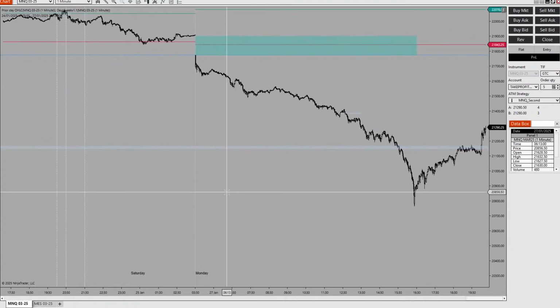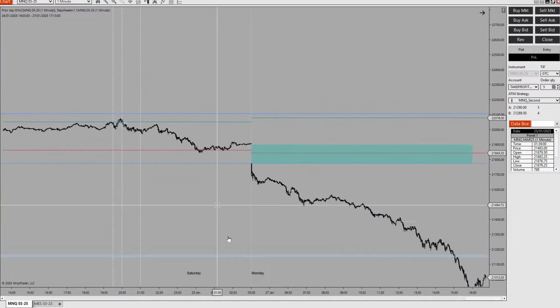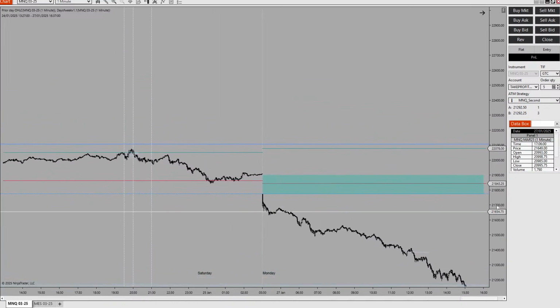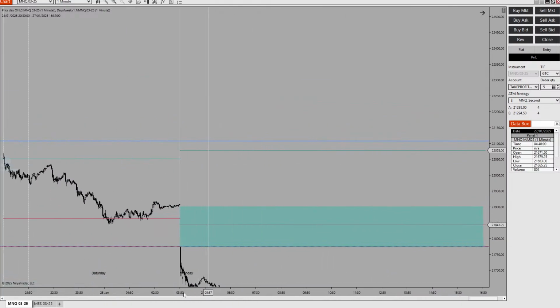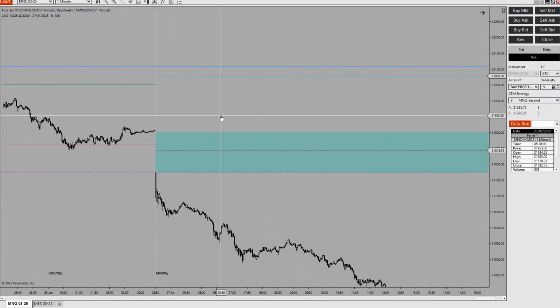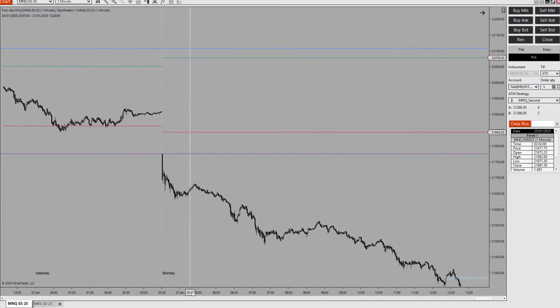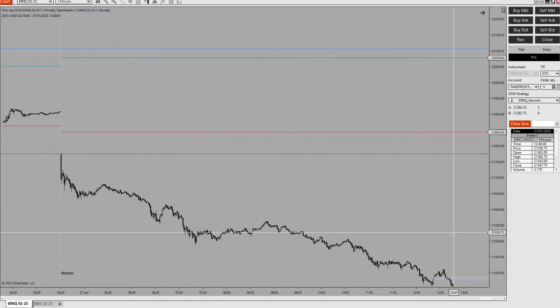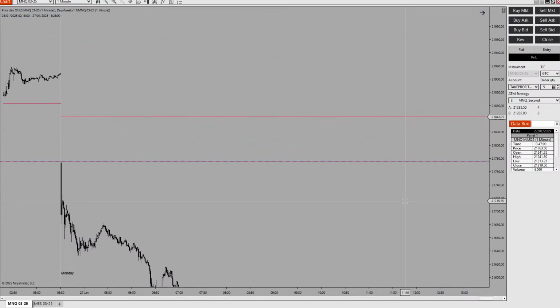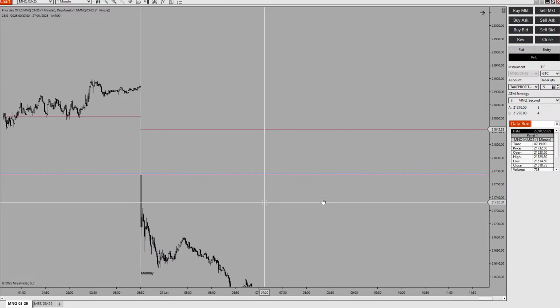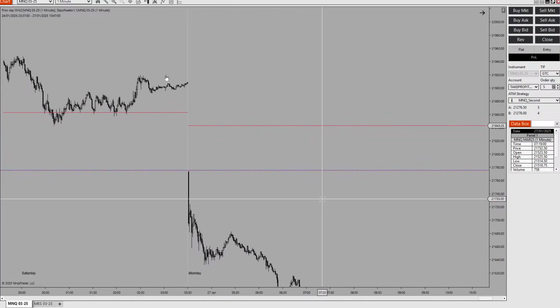Okay. So now this is the new day opening gap that is highlighted. I just delete this part. Okay.